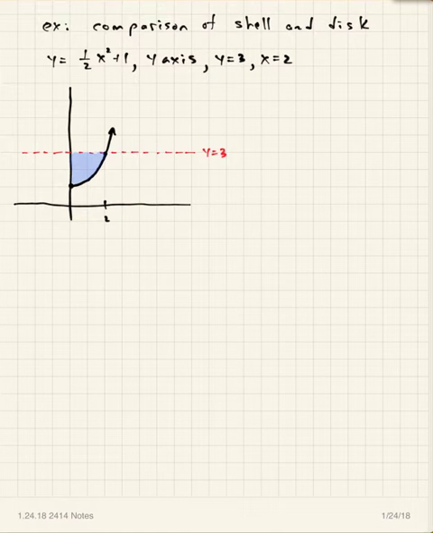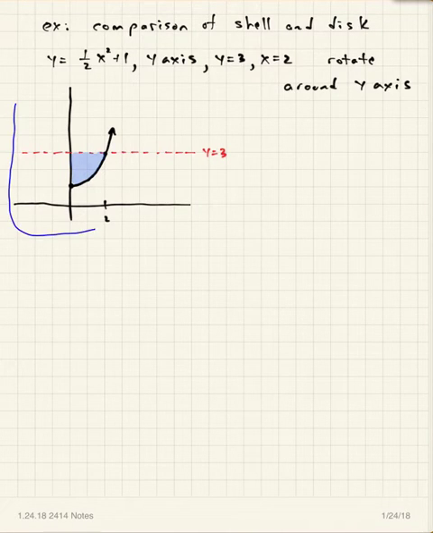All right, so I'm talking about that region, and what we're going to do is rotate that region around the y-axis. And let's look at shell and disk on this problem. Before I do anything else, I'm going to copy this picture.